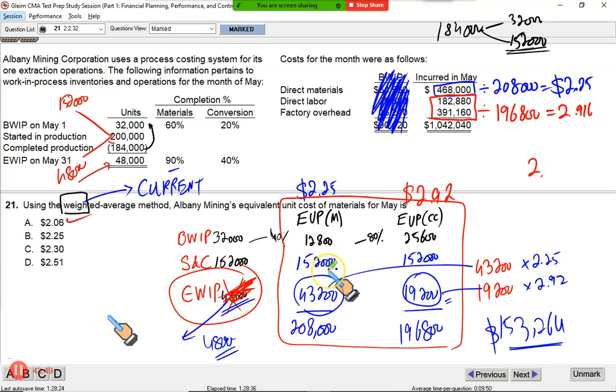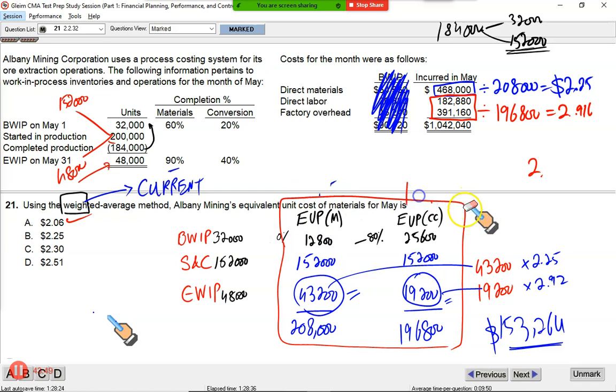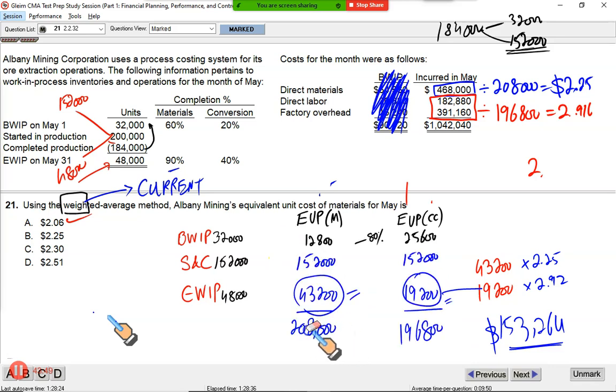I'm going to erase the mess and do this working here, just for the sake of comparison, so you can make a comparative analysis. Everything stays the same and you will see where the difference is. The difference between weighted average and FIFO will be much clearer here.